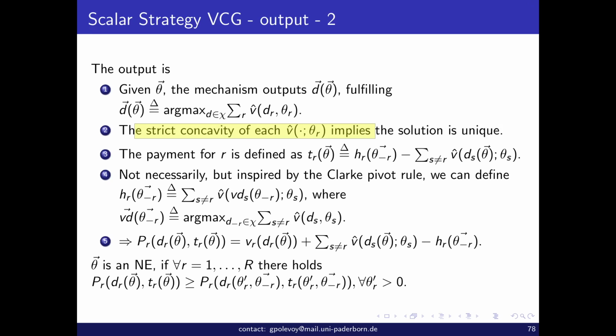Now the payment is defined as this H minus what others get, and we spoke about how you can also basically use the Clarke pivot rule. Then the total utility of an agent is what the agent derives, regardless of what the agent actually reports.